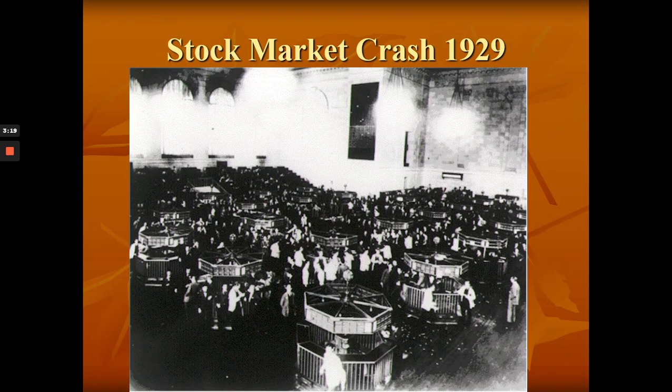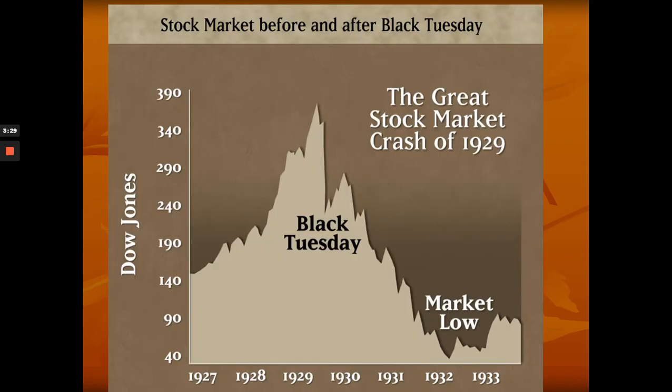So what kind of started everything, a spark, was the stock market crash of 1929. And it was bad. I mean, imagine just losing all this money. Now, I mean, it all didn't happen in one day, but right here, it's called Black Tuesday. In October, I think 29th, honestly.